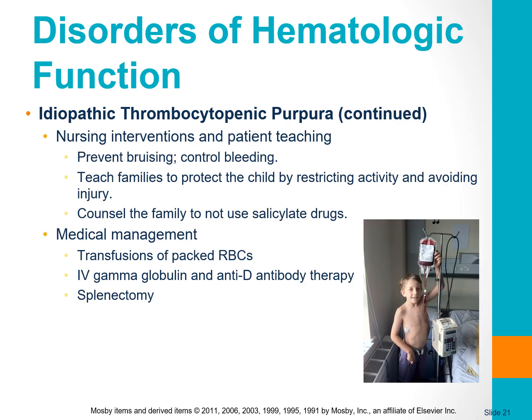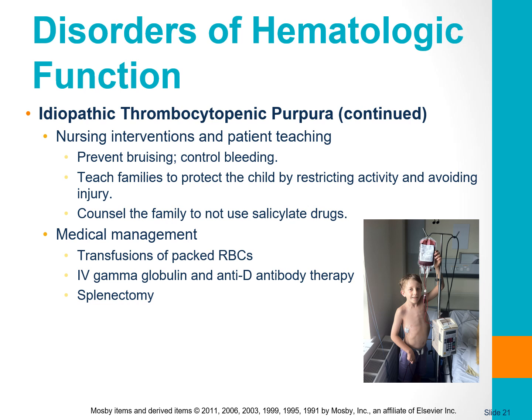What do we need to know as nurses? So nursing interventions here are to prevent bleeding or bruising and to control bleeding. Essentially, we're going to be teaching families to protect their child by restricting the type of activities that they do. We're going to need to prevent them from injury, right? So children with ITP should be avoiding contact sports, unfortunately, which is difficult for kids that get it at this age.